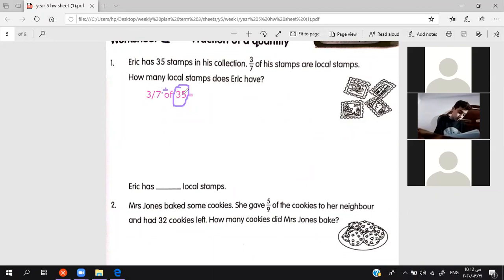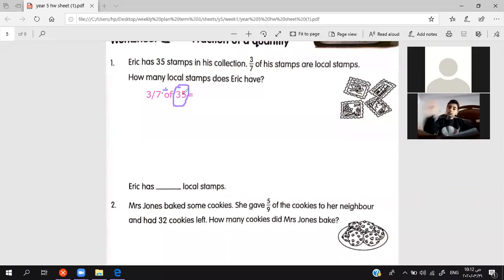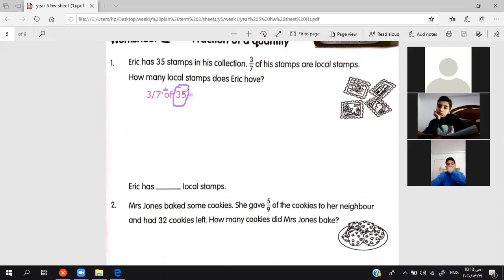The most important thing is to know that this 35 or this 5 that I got is not the 3/7. It's only 1/7. What does that mean? I divided the 35 into 7 parts, and found that in each part I have 5, 5, 5, 5, 5. So I have 7 groups of 5s.